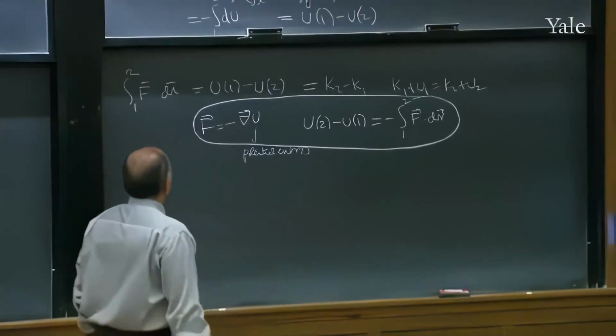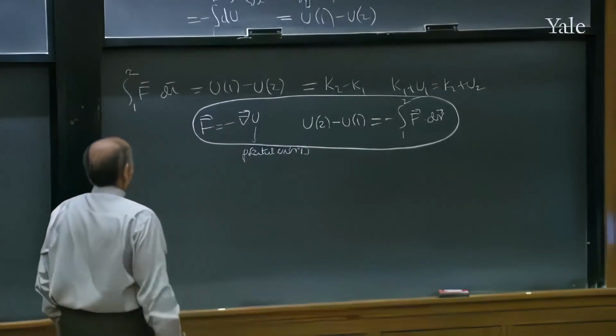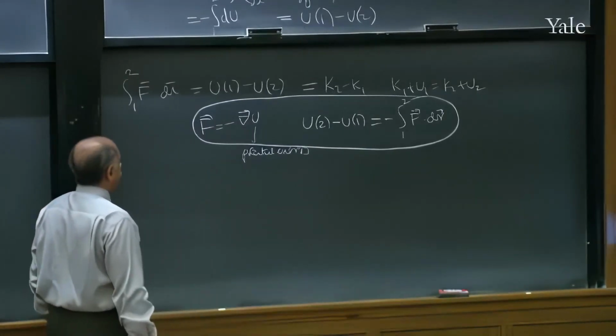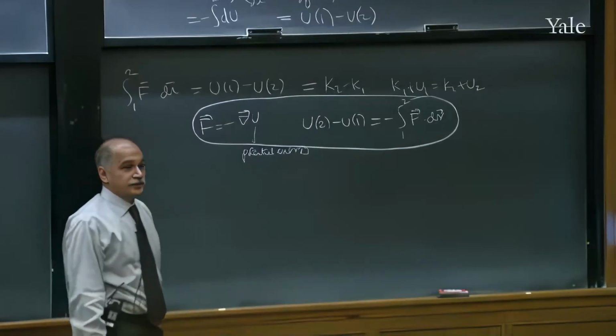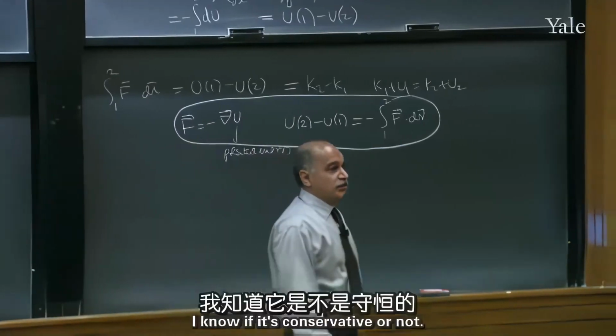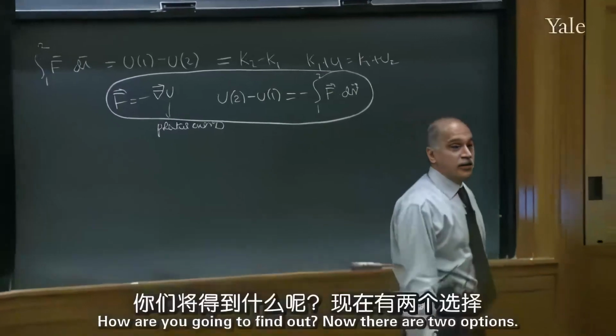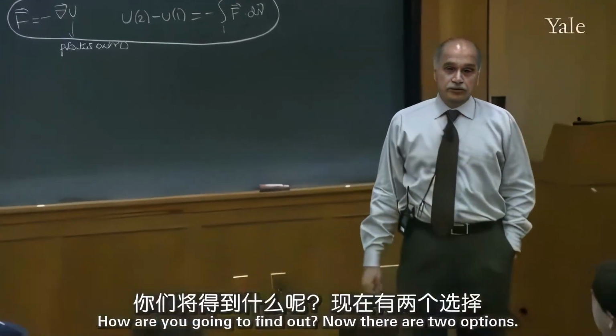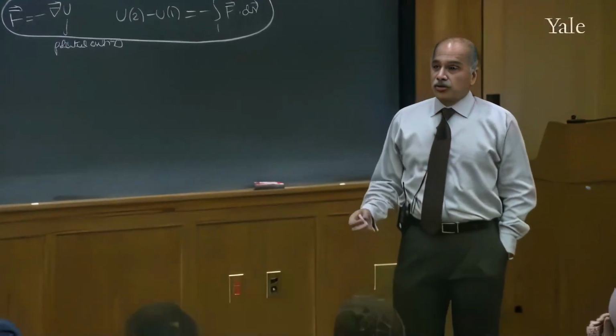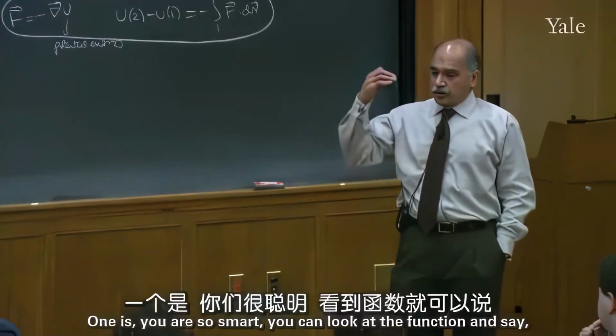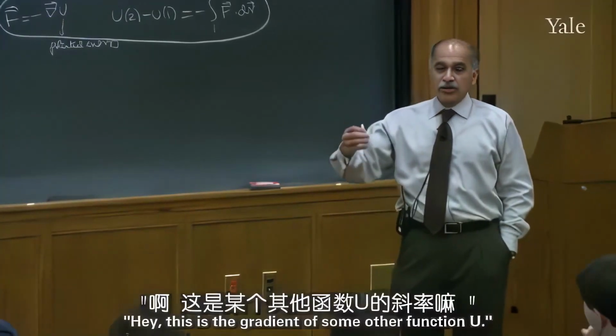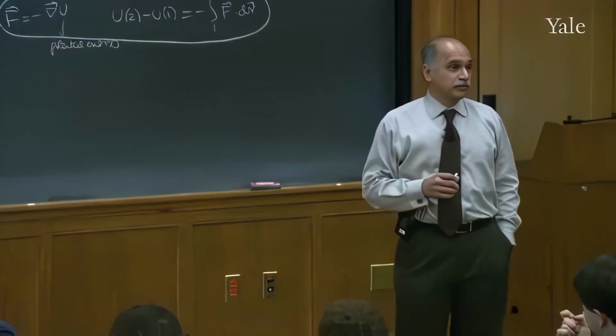So now we can ask the following question. Suppose I give you a force. I don't know if it's conservative or not. How are you going to find out? Now, there are two options. One is you're so smart, you can look at the function and say, hey, this is the gradient of some other function u.